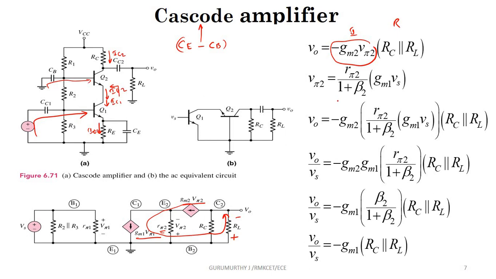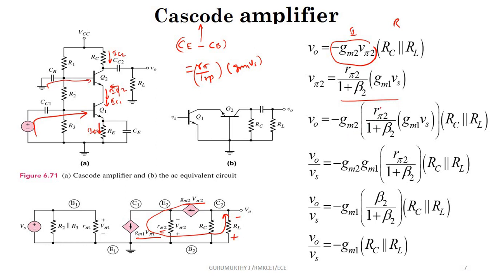If you take the output impedance of the common collector, or the input impedance of the common base amplifier, this is the input impedance of the common base amplifier. The input impedance of a common base amplifier is R pi divided by 1 plus beta, and the current is GM1 Vs. That is what has been written here.